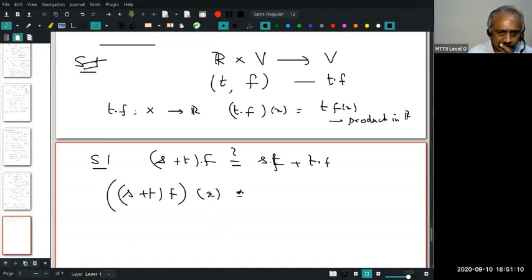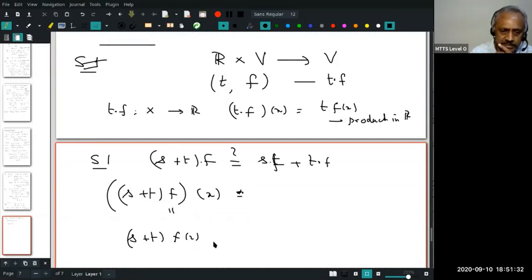So let us do that. What is this? This is s plus t, a real number, times fx. This is a real number. You understand that? What is t times f? t times f at x is t into fx. Therefore, s plus t dot f at x is s plus t multiplied with fx.